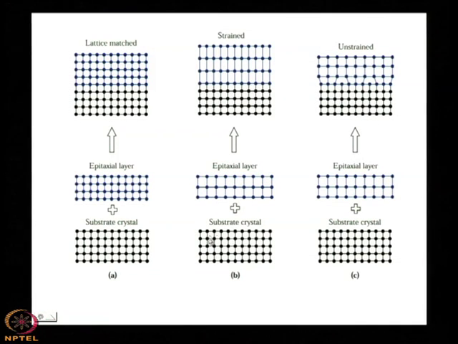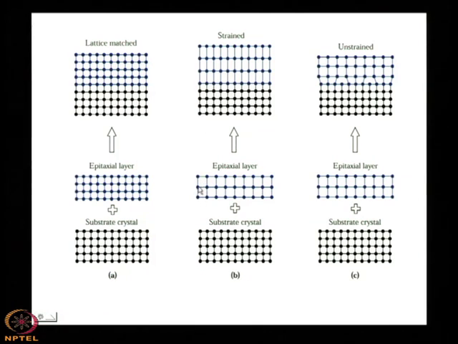In this case you see that this is the substrate. So, the substrate is A0 and this is the epitaxial layer, where A is greater than A0. Then what will happen? So far as the parallel constants are concerned, they are forced to shrink.